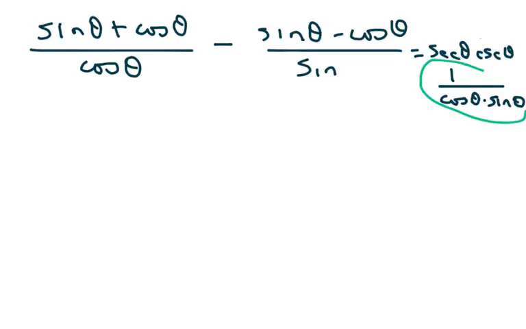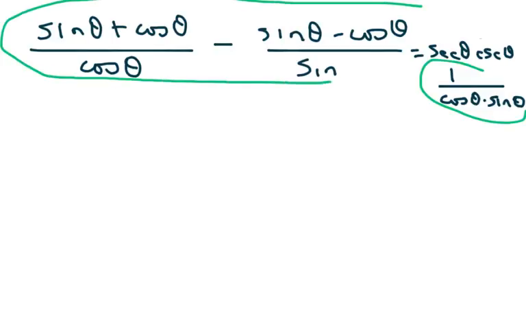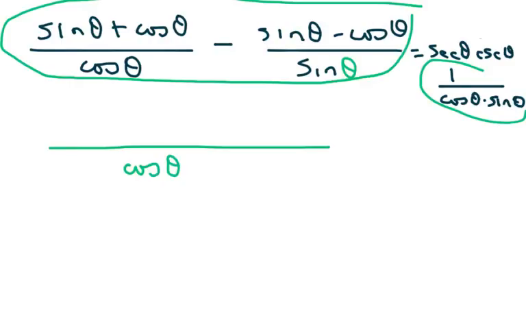Alright? So I'm going to definitely work on the left side of the equation. And I'm going to do my common denominator, which is cosine of theta and sine of theta. And I'm going to just cross here.